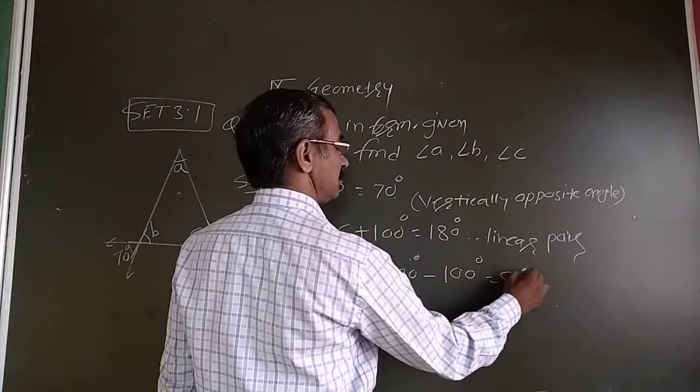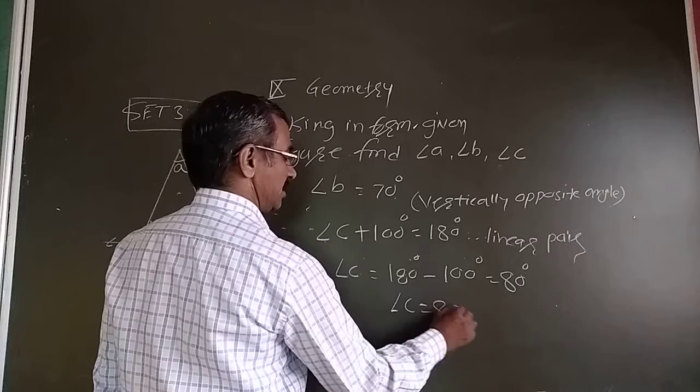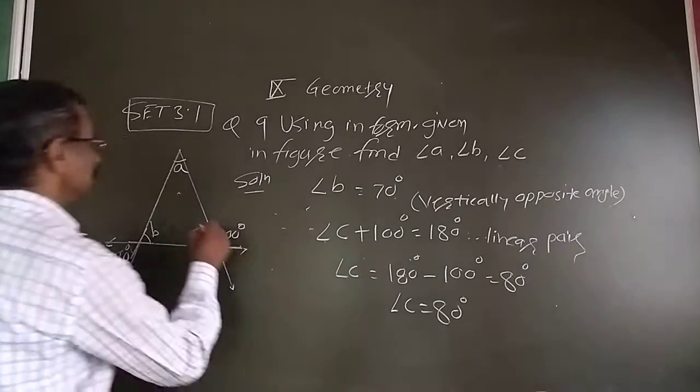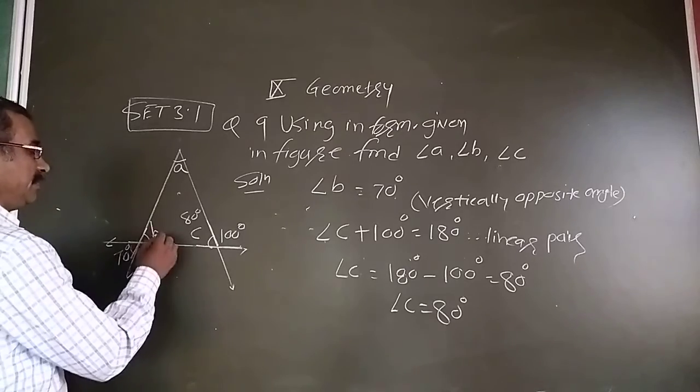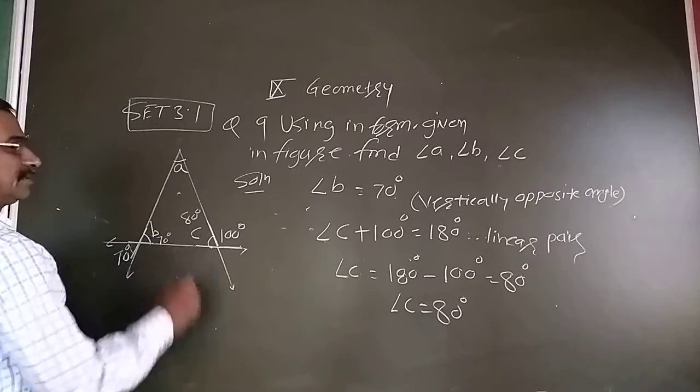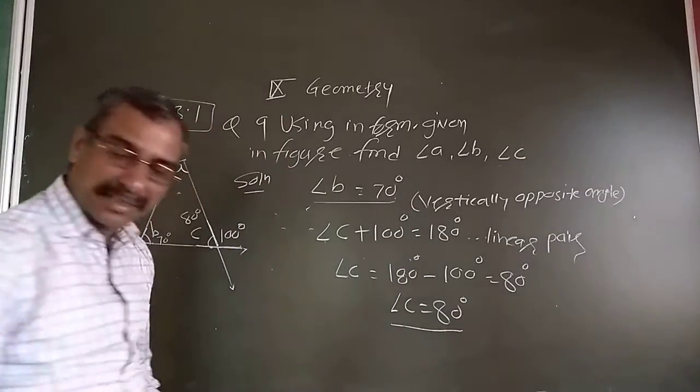So we get, by subtraction, angle C is equal to 80 degree. So we found angle C is 80 degree and B is 70 degree. Means we have found two angles. The third angle remains.